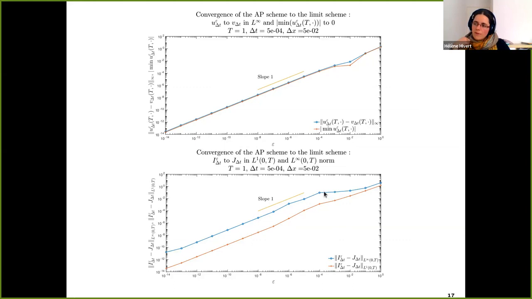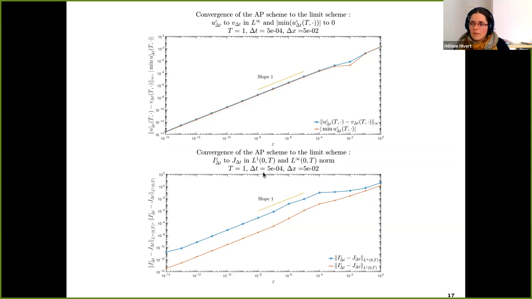But in L infinity norm, if you're not familiar with numerical schemes, it seems at first sight that the decrease is of order 1. But if you remark, there is a plateau here, and in fact this plateau starts when epsilon is more or less of the size of the smaller discretization step.